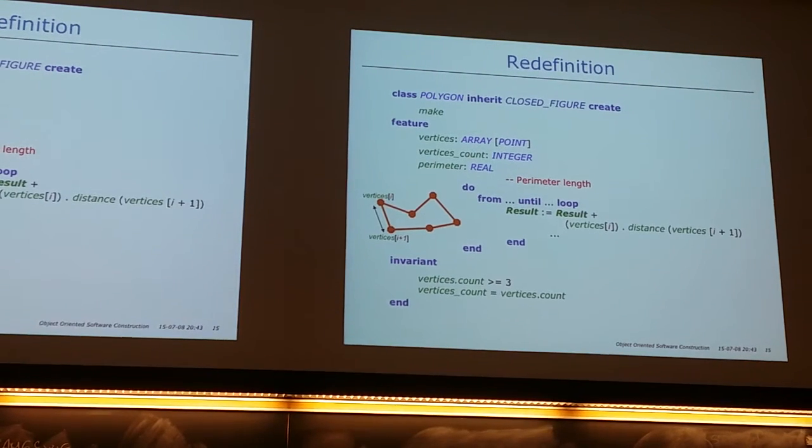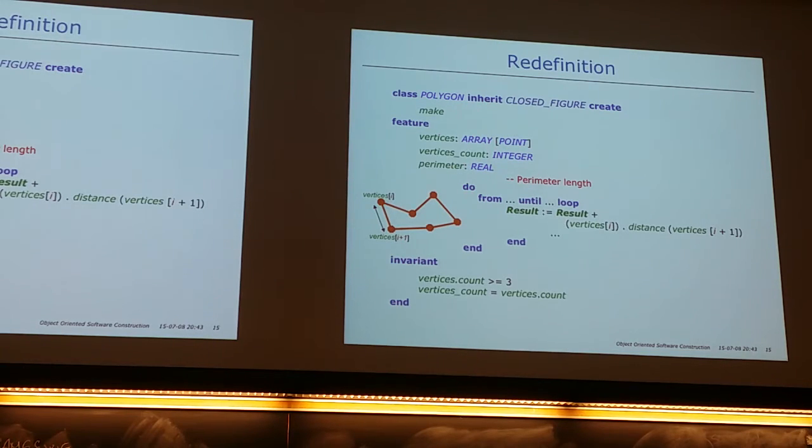Okay, so here it's about redefinition, how you do it. It's also exactly what I said. This is the parameter feature here for the polygon. Because for polygon, we don't know how many sides exactly we have, we simply run a loop to add up the sides together.